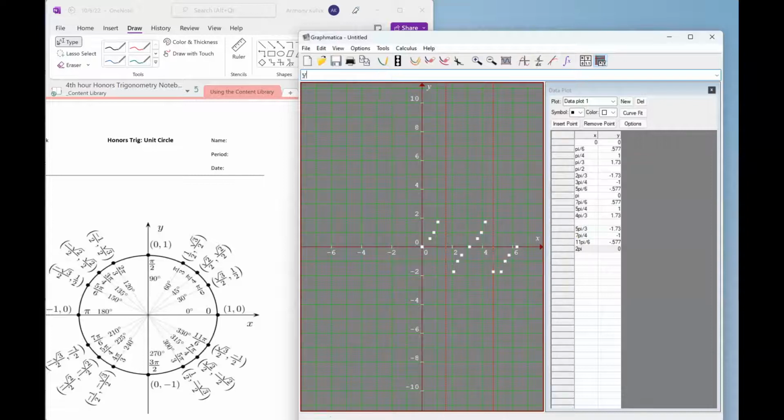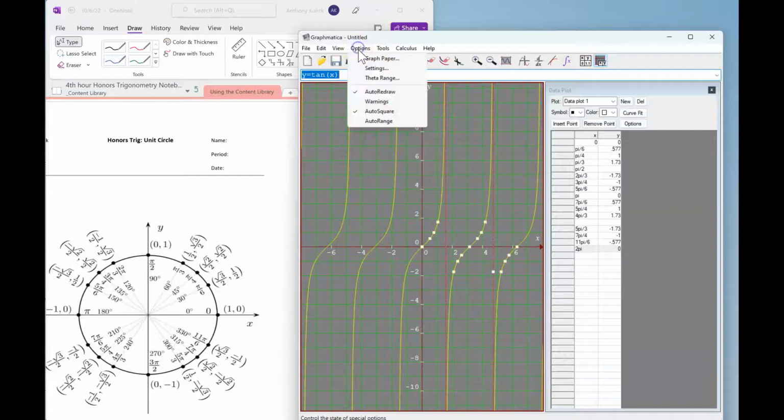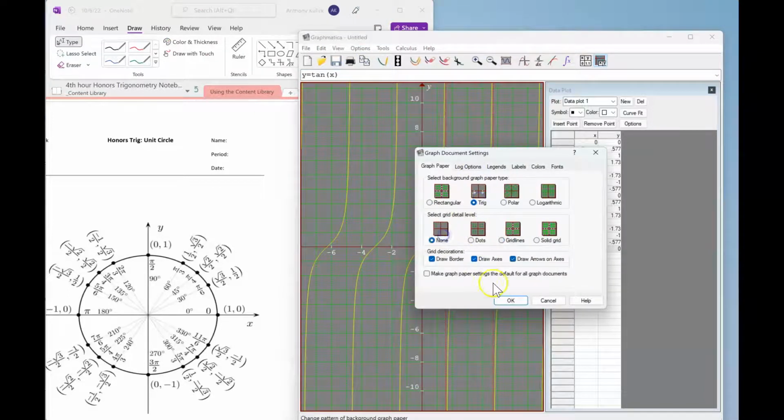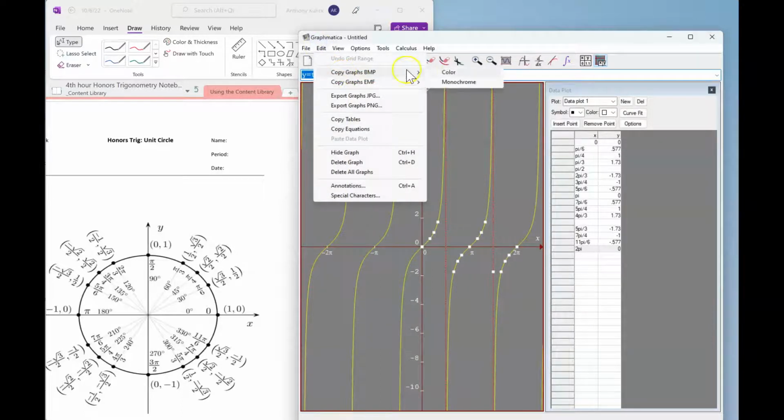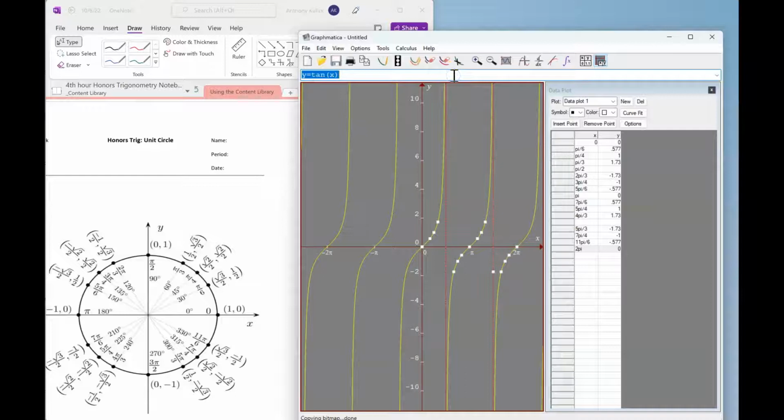All right. So what are we noticing here? There's the graph of tangent. It is a little kooky there, huh? Notice that we're getting an asymptote.